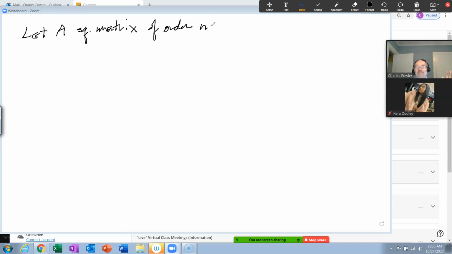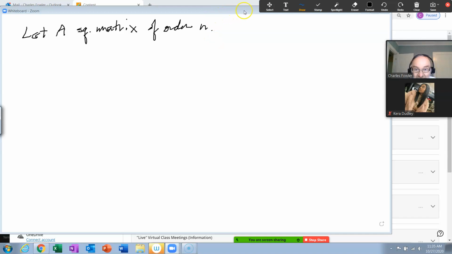The only matrices that have determinants are square matrices. So this is an n by n matrix, a square matrix, so we can talk about it. Now, not all square matrices have determinants, but actually they do. Sometimes the determinant is 0.